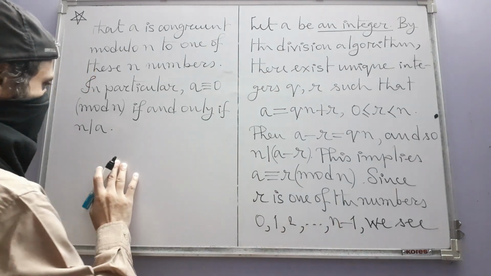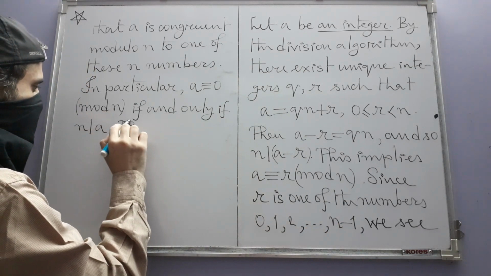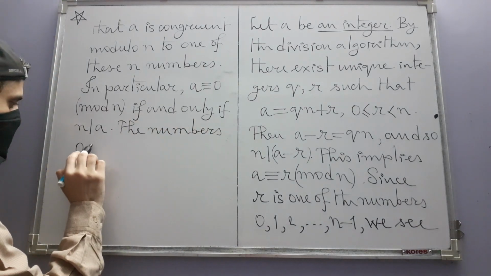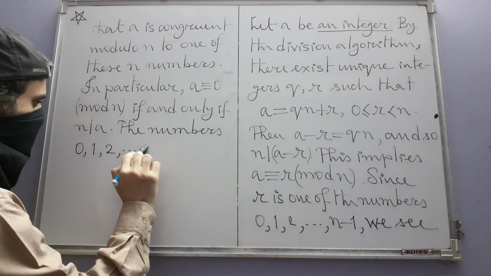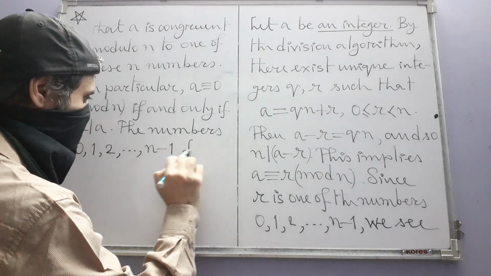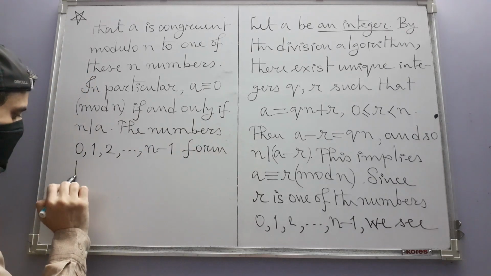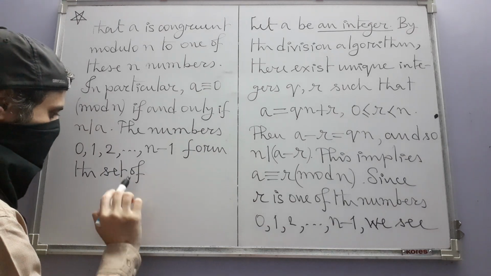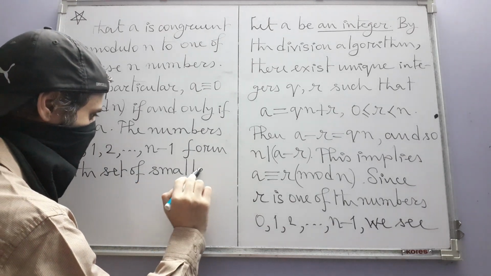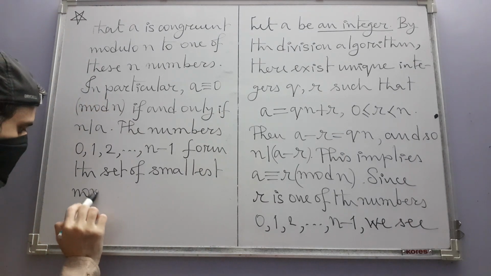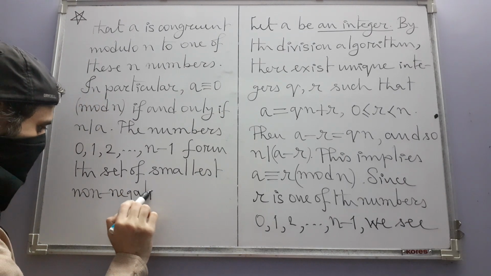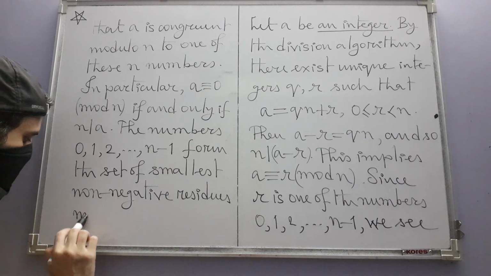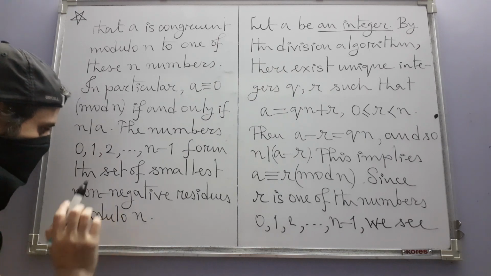And these numbers have a name. The numbers form the set of smallest non-negative residues modulo n.